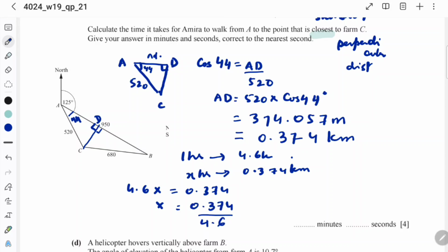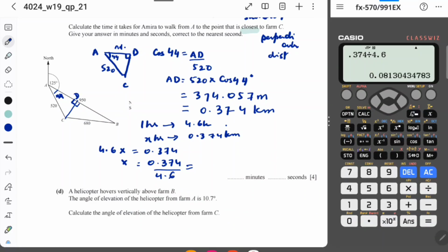Let's calculate. So that is 0.0813, but it is in hours. That is the time. We'll have to write it down in minutes and seconds, so multiply by 60. 0.0813 hours times 60 is 4.878 minutes.